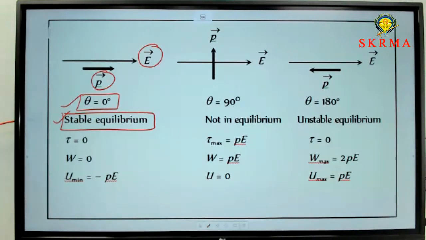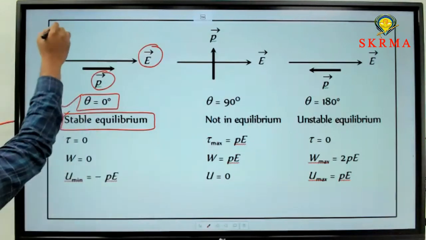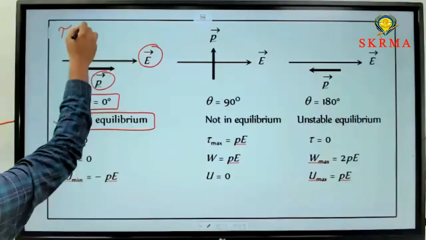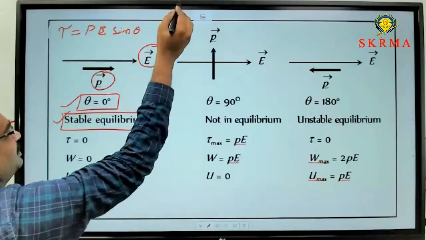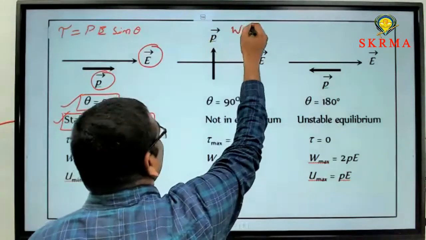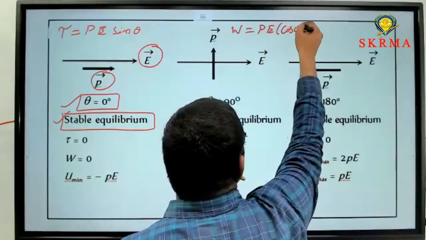Next, if theta equals 0, torque is how much? What is the formula for torque? Torque formula is PE sin theta. Next, the work done formula is PE (cos theta 1 minus cos theta 2).